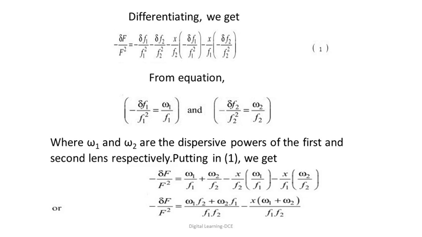Putting in equation 1, we get minus delta F by F square is equal to omega 1 by f1 plus omega 2 by f2 minus x by f2 times omega 1 by f1 minus x by f1 times omega 2 by f2, or minus delta F by F square is equal to omega 1 f2 plus omega 2 f1 by f1 f2 minus x times omega 1 plus omega 2 by f1 f2.